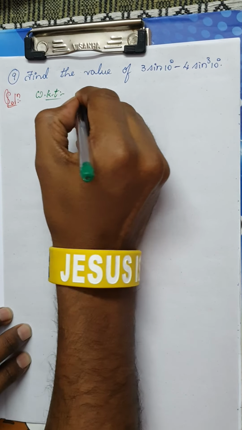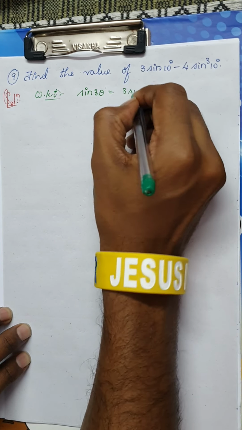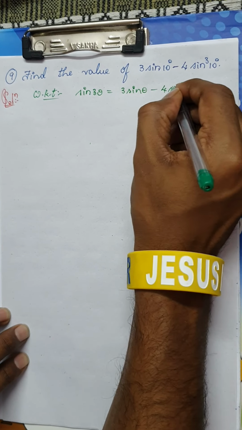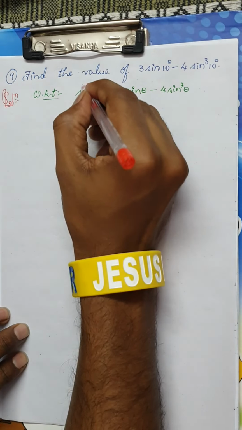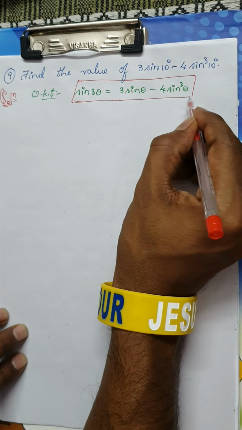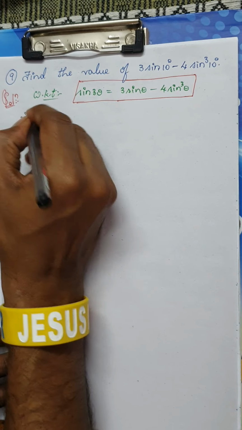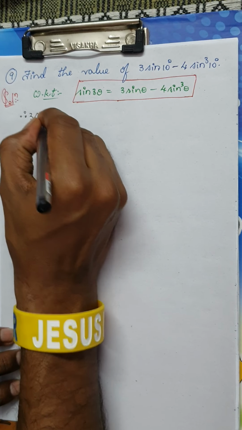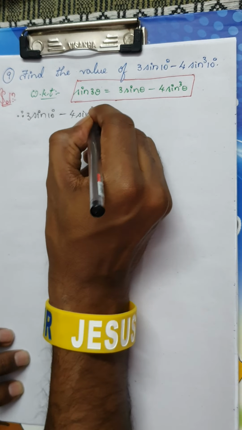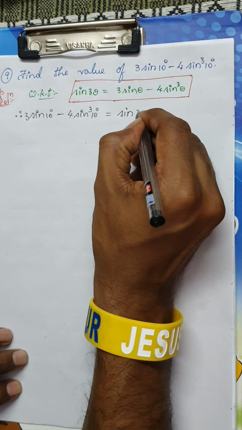We know, you might have seen this, the sine 3 theta formula is nothing but 3 sine theta minus 4 sine cube theta. I'm going to use this formula and give you the answer within a fraction of seconds. Within 10 seconds you can write the answer for this. Therefore, 3 times sine 10 degrees minus 4 times sine cube 10 degrees is nothing but sine 3 theta.